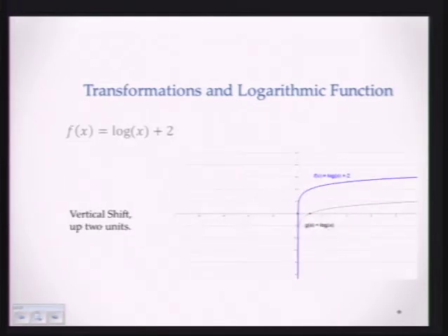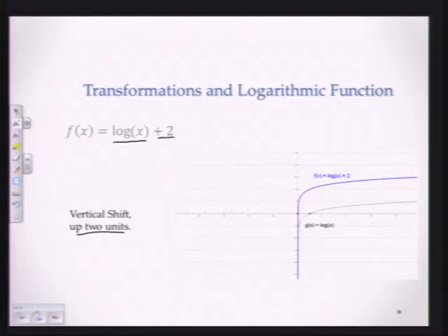Let's look at another one. Let's take the common log of x plus 2. Now, in this case, notice we closed off the parentheses. We've taken the action on x, which is taking the log base 10 of that, and now we are adding 2 after the fact. That's making a vertical shift that goes up 2 units.